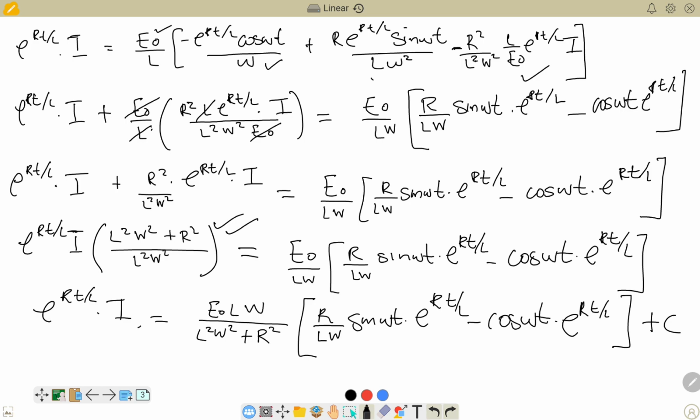If we have integrated to find the general solution, it is good enough to leave it there. But because we want to find the particular solution, we need to continue to find the value of C. The particular solution is I naught equals 0.